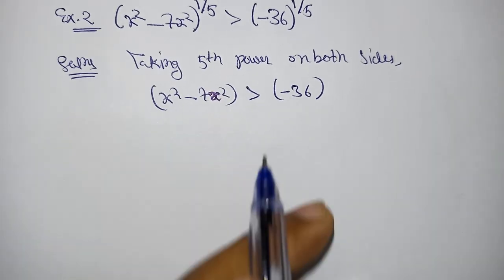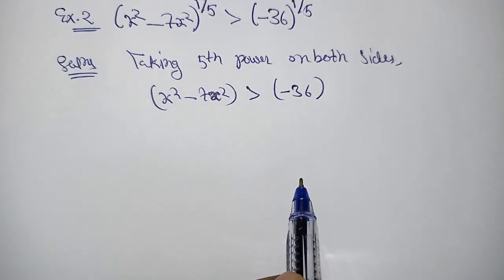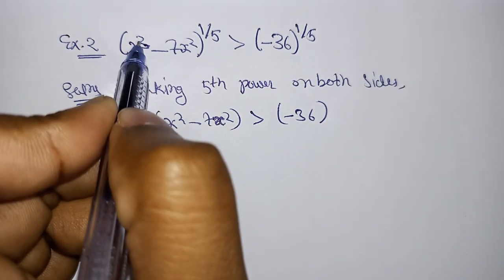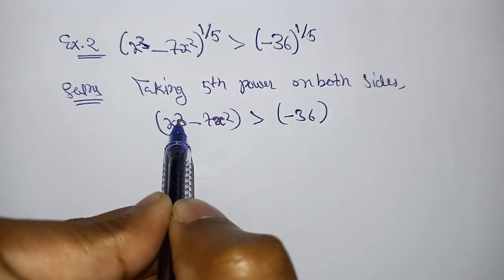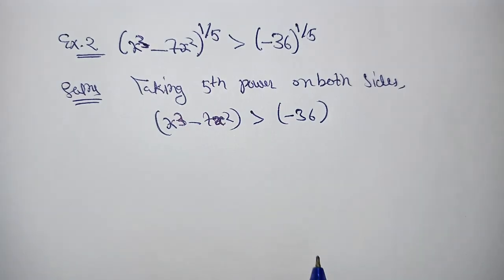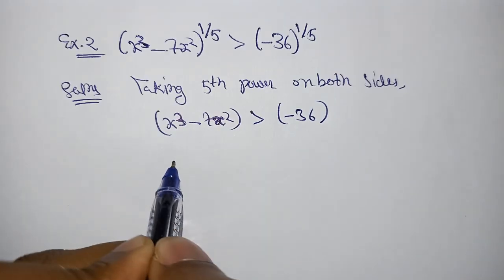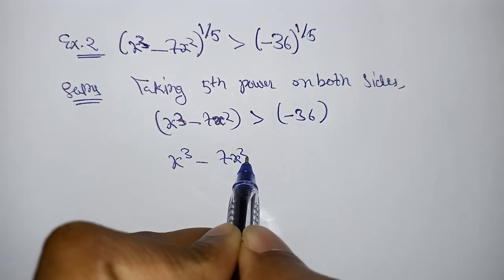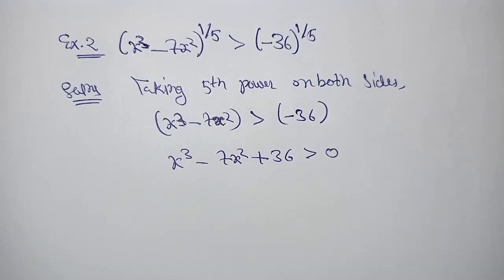Sorry, here power is 3, this is cubic form, so here power is 3. So when we take this minus 36 to the left hand side, we will have x cube minus 7x square plus 36 is greater than 0.